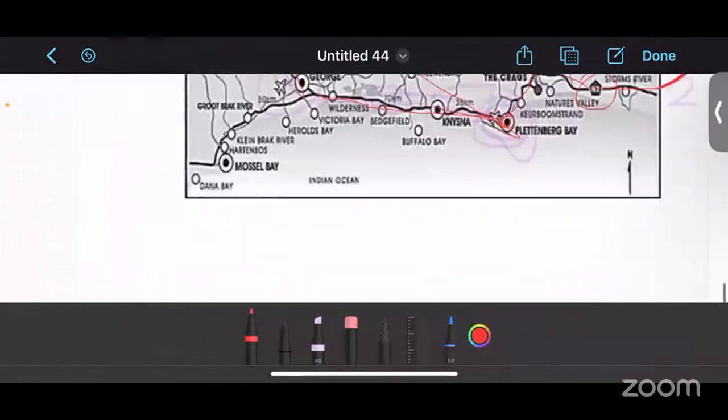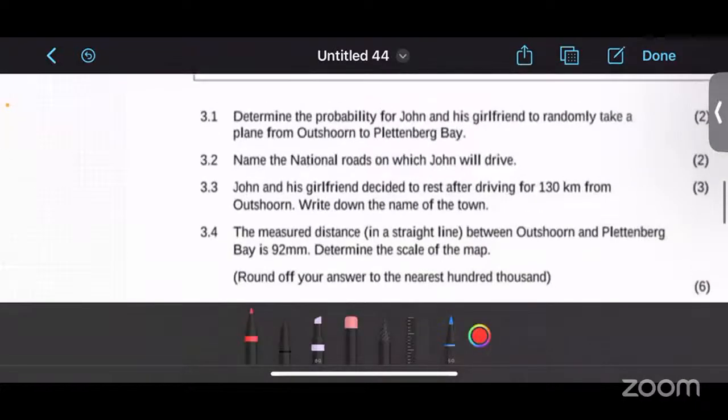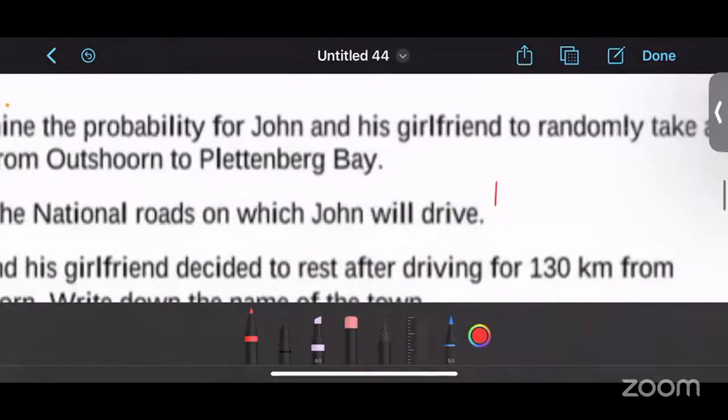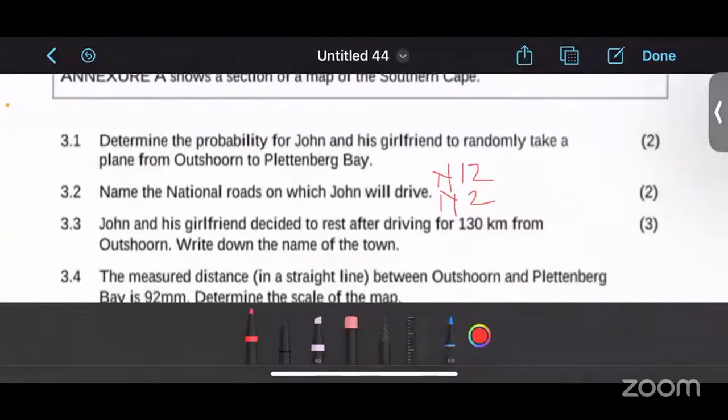So the answer is N12 and N2. Are we clear? They won't take N9 because N9 does not pass through there or take them to their final destination. Okay? We all good? Yes.